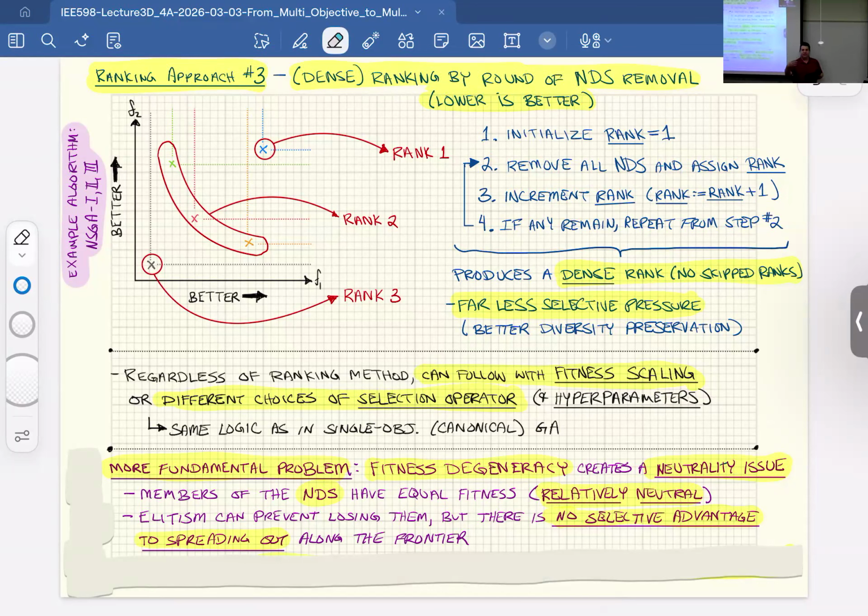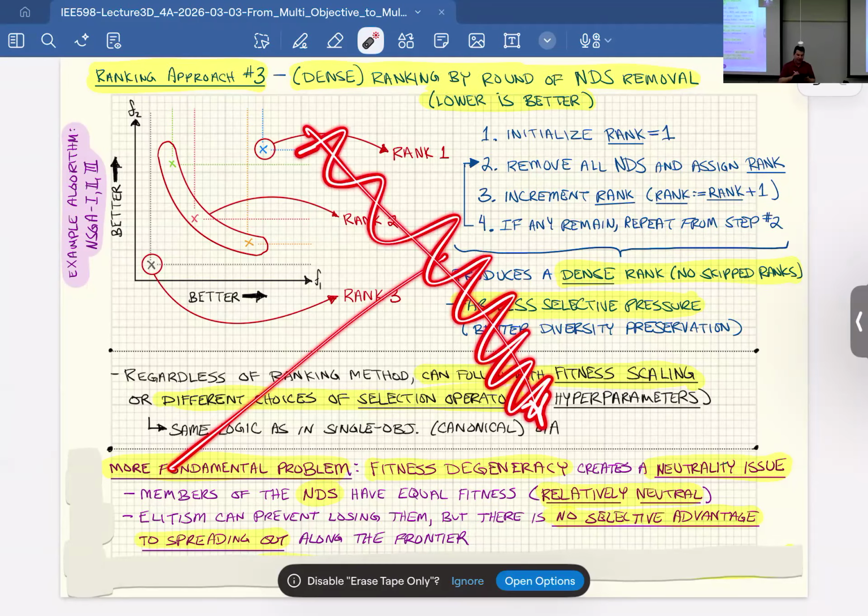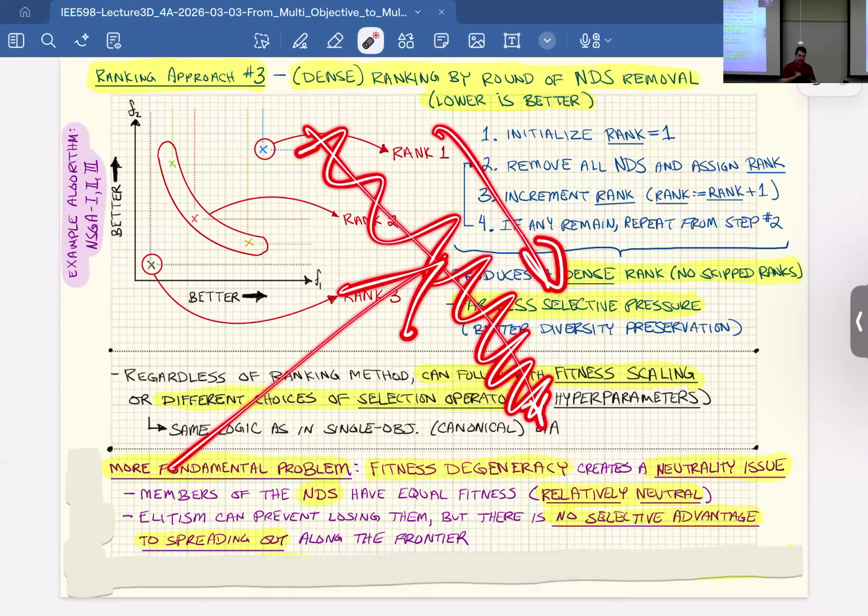But even without worrying about collapsing them to a point, if you are just using fitness to drive exploration, you've been driven to the Pareto frontier, but once you're at the frontier, if all fitness has done is drive you up to this frontier, then what is going to drive you left and right? That's the bigger issue.